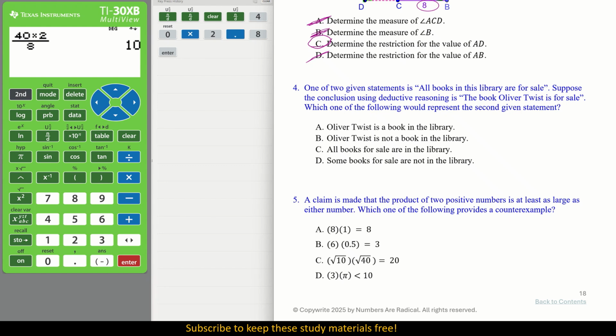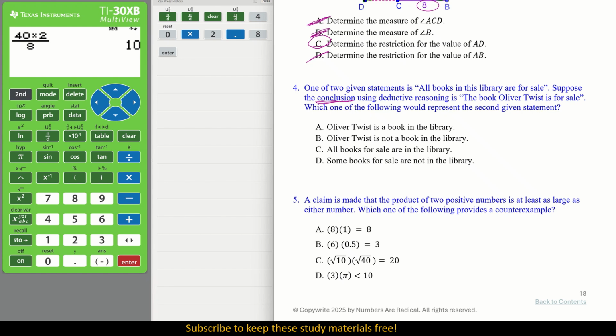That's a conclusion, a specific book. Which one of the following would represent the second given statement? So we have our beginning and we have our conclusion.